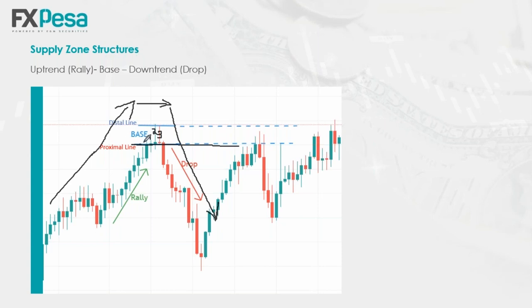When it comes to the distal line, it should be based on the tip of the basing candlestick that has the highest wick. If you look at these three candlesticks, the second candlestick has the highest wick, and we should therefore place our second line, which we are calling the distal line, along that zone.